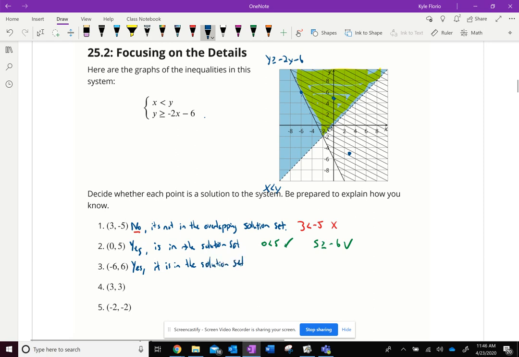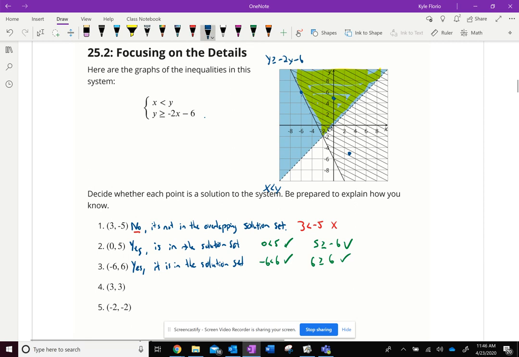If this line was a dashed line, it wouldn't be, but because it's a solid line, any point on that line is going to be in that solution. Is x less than y? Is negative 6 less than 6? It sure is. And is y greater than or equal to negative 2 times x minus 6? Negative 2 times negative 6 is positive 12, and 12 minus 6 is 6. Is 6 greater than or equal to 6? Well, it's equal, so that is greater than or equal to.